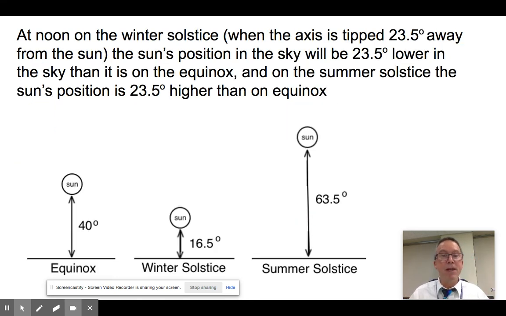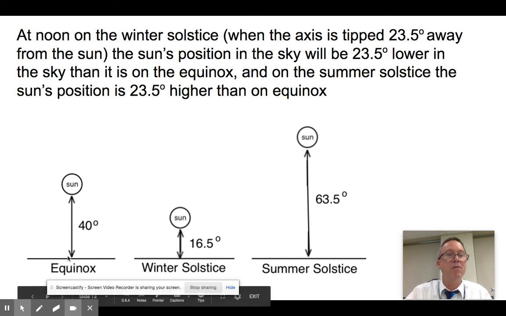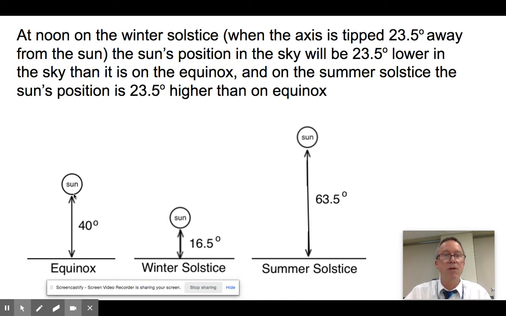Well, then where will it be at solstices? Okay, so remember the tip of the Earth is 23.5 degrees. So let's just say you were at 50 degrees latitude. At 50 degrees latitude, 90 minus 50 gives you 40. So at equinox, the sun would be 40 degrees above the southern horizon, assuming you're in the northern hemisphere.